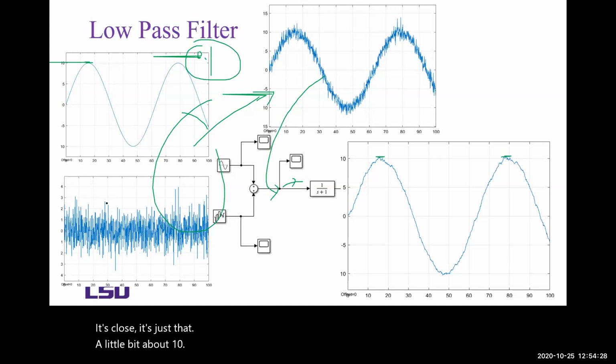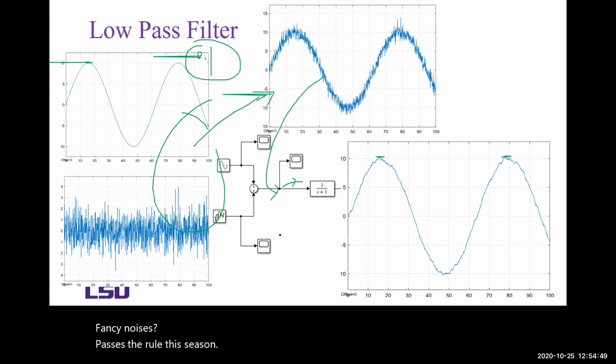But for the noise, we know this is a linear system, so it satisfies superposition. Then what happens when this high frequency noise passes through this system?